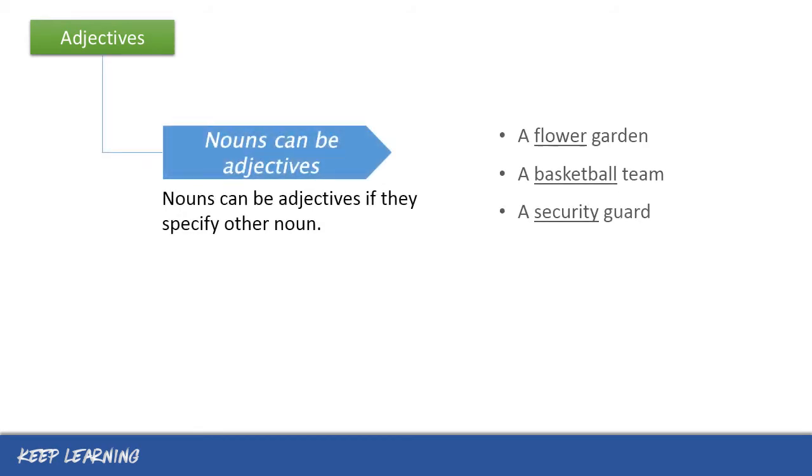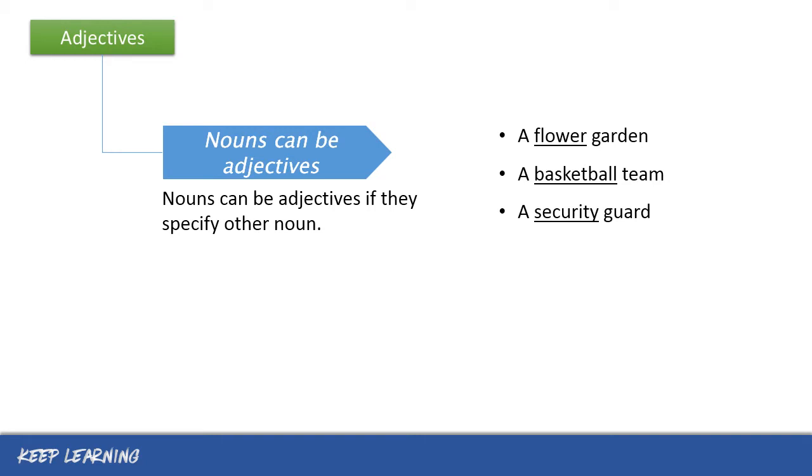Now, you can use nouns as adjectives, which means that you can combine two nouns into one adjective noun, if they give you a characteristic of another noun. In Spanish, you can recognize this structure because they use the word de, like un jardín de flores.